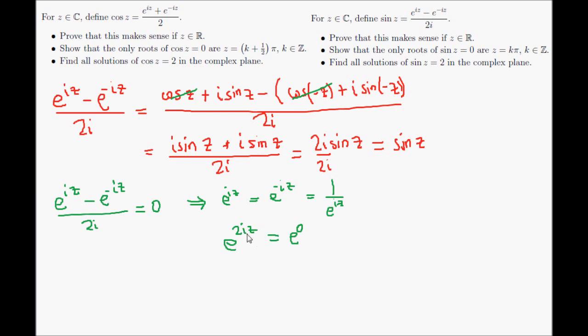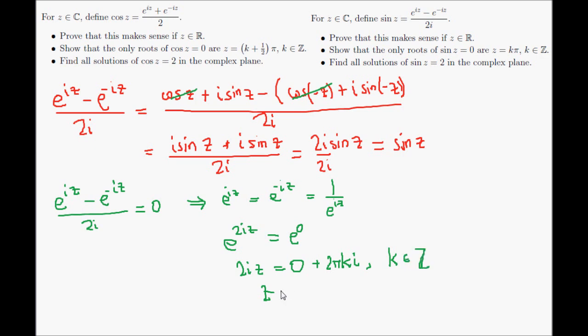And so, e to the something equals e to the something else. That means that the two somethings have to be the same, though they may differ by a multiple of 2 pi i, 2 pi k i, where k is an integer.